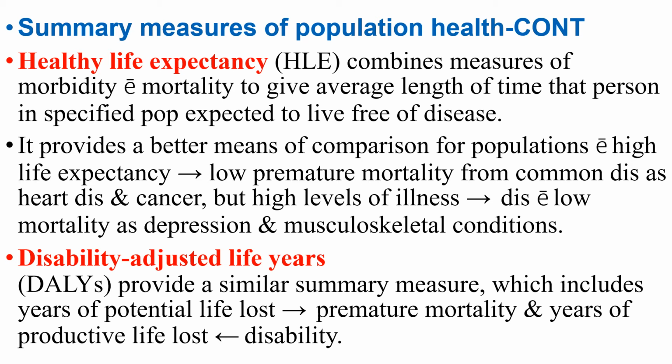It provides a better means of comparison for populations with high life expectancy, leading to low premature mortality from common disease such as heart disease and cancer, but high levels of illness, leading to disease with low mortality such as depression and musculoskeletal conditions. Disability adjusted life years, DALYs, provide a similar summary measure which includes years of potential life lost leading to premature mortality and years of productive life lost due to disability.